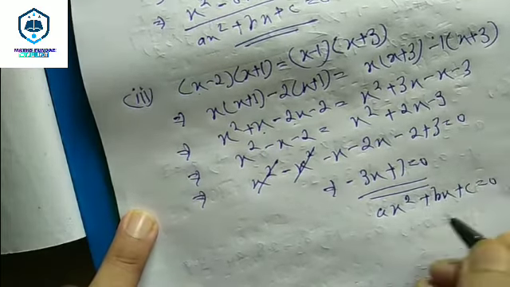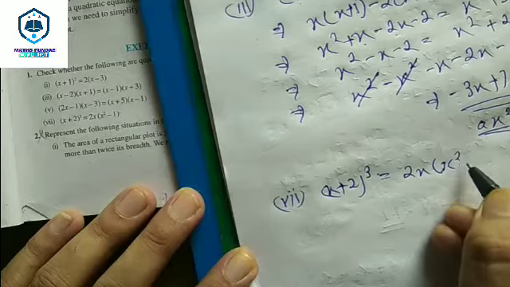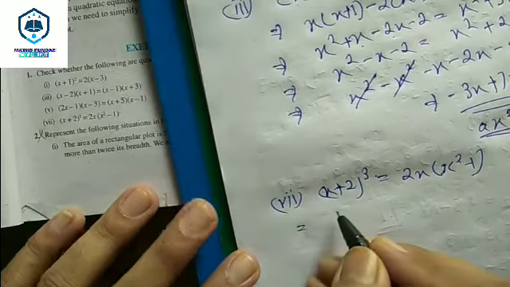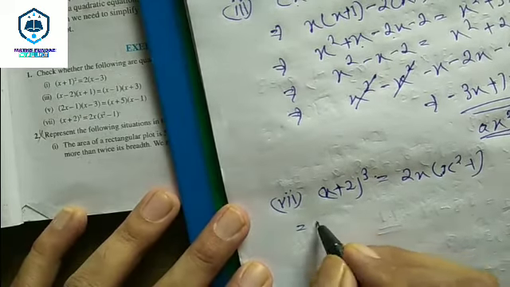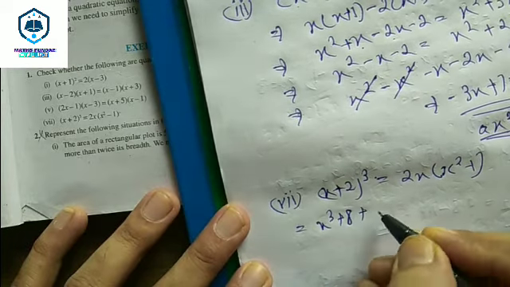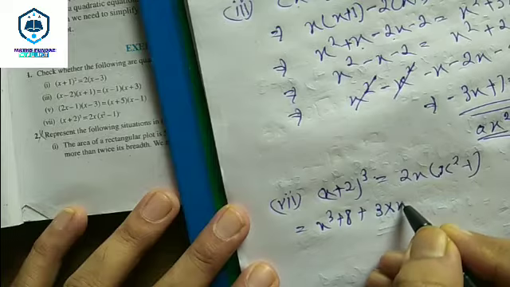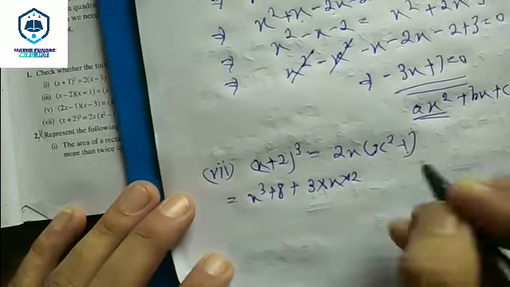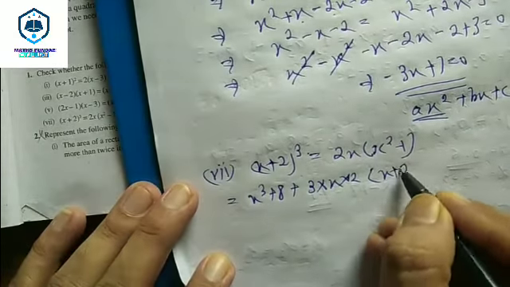Suppose you take the 7th example. In the 7th example they are saying it is given (x plus 2) whole cube equals to 2x into (x square minus 1). Now we know that (a plus b) whole cube is equal to a cube plus b cube plus 3ab into (a plus b).